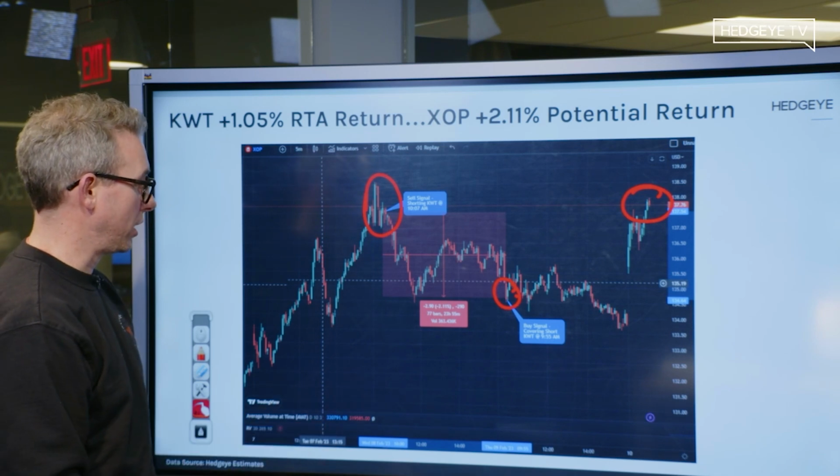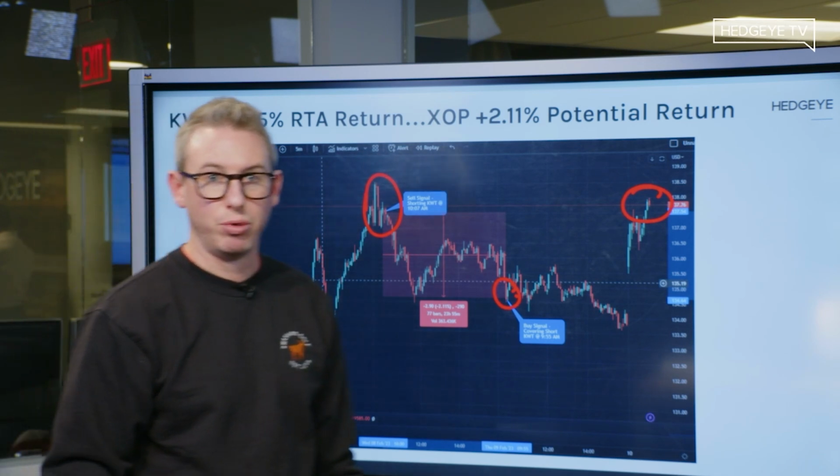So yeah, I just wanted to reiterate that borrow on XOP should be pretty easy to get. And again, a good expression of oil demand declining here in a Quad 4 environment.